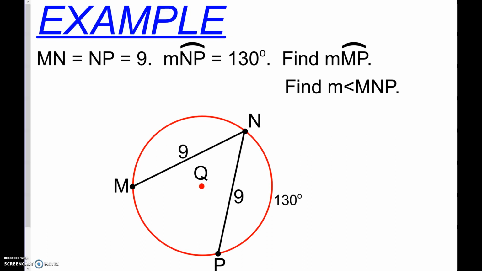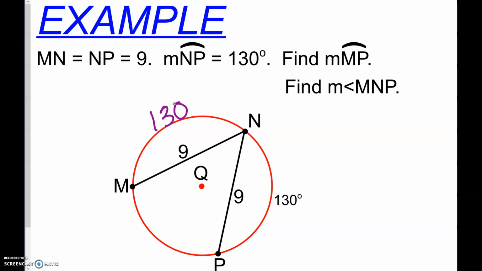On this next one here, we're talking about chords in a circle. If chords are congruent, then their arcs must also be congruent. So if we have a chord in here and we've marked off that NP is 130 and that length is 9 and MN is 9, then this arc is also 130.